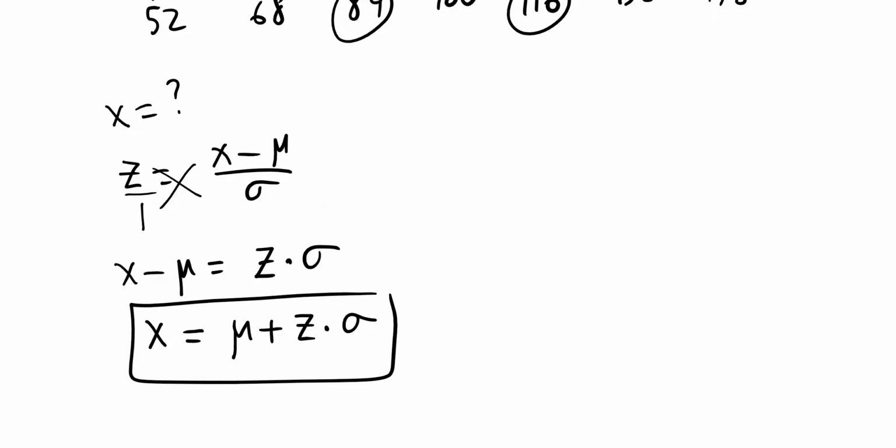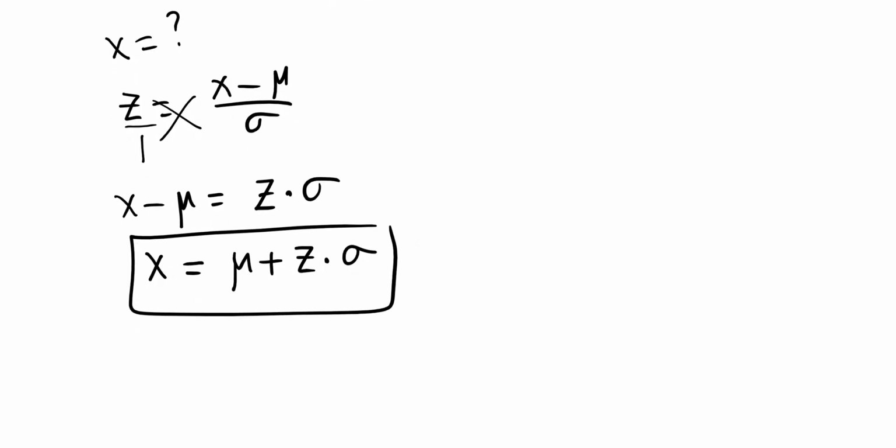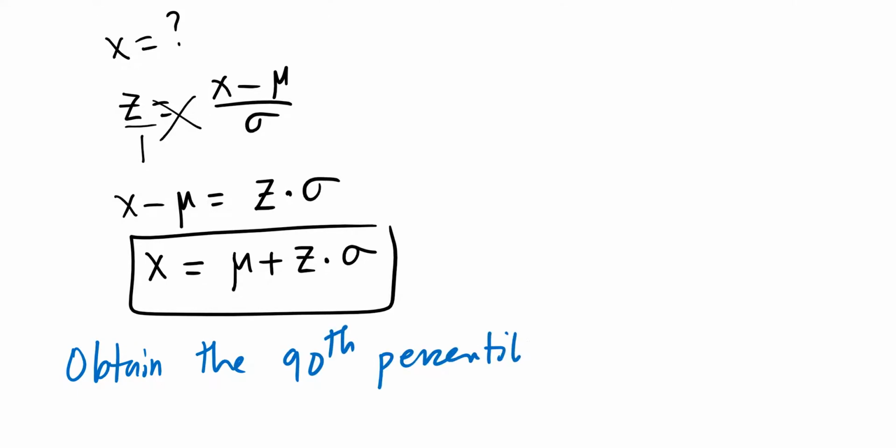For example, let's say we want to obtain the 90th percentile for the IQs that we were working on earlier. So what is a percentile? Sometimes you take a test, maybe the GRE or GMAT or CCAT, those tests for college admissions.